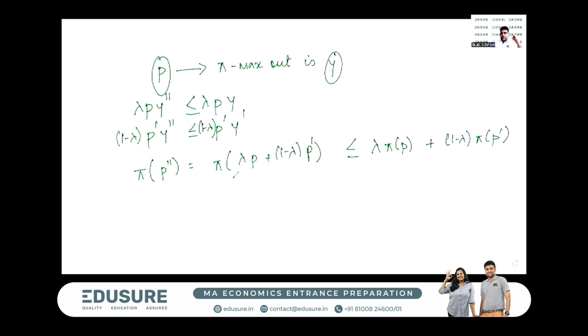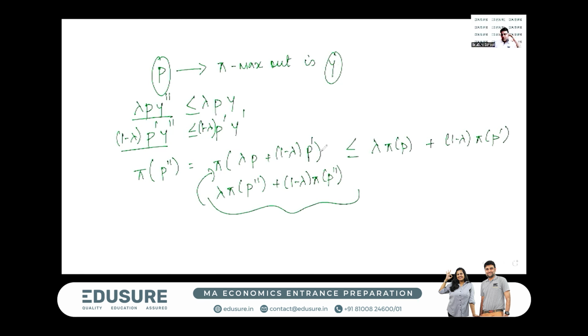The reason is, I add these two. This is obviously less than or equal to, if I add these two, this particular equation, because this is nothing but the profit with P double dash.